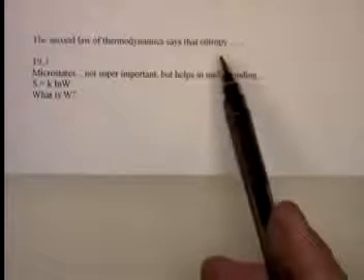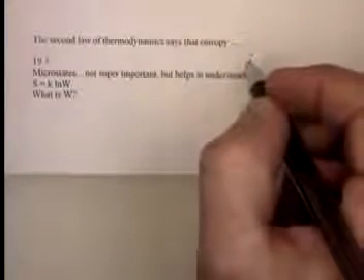At the bottom of the page, there's a couple more thought questions. The first one says, the second law of thermodynamics says that entropy, and I like to think of it in terms of entropy as like the rearrangement or the disorganization of the system. And the second law of thermodynamics says that the world is becoming more disorganized.